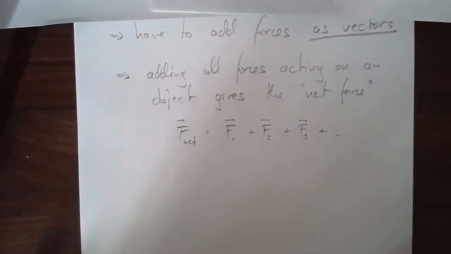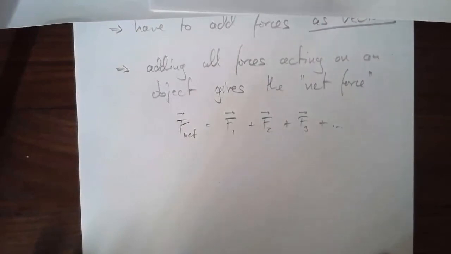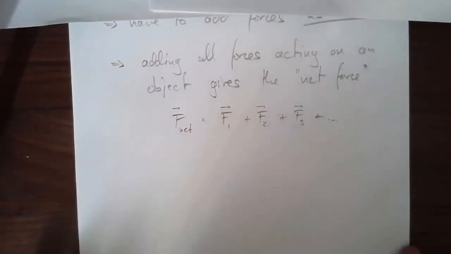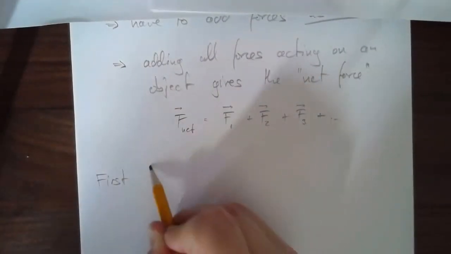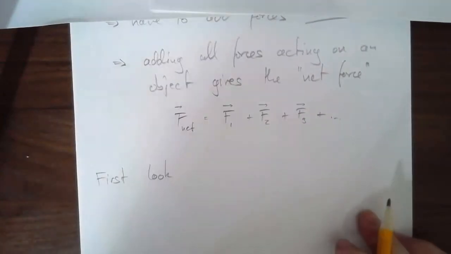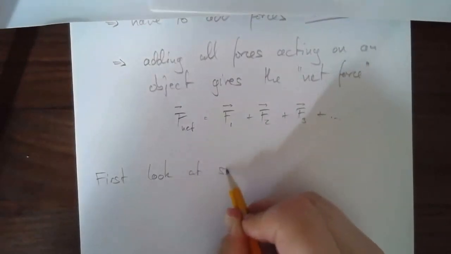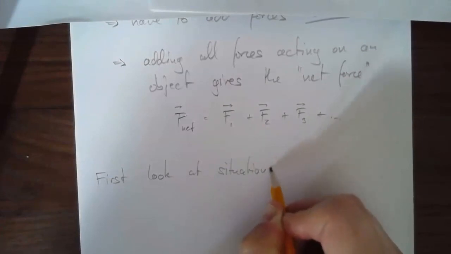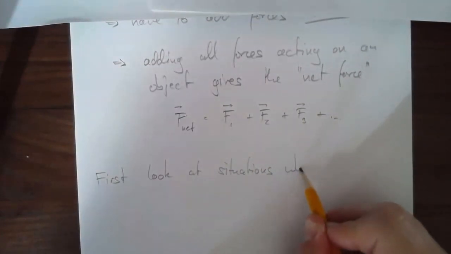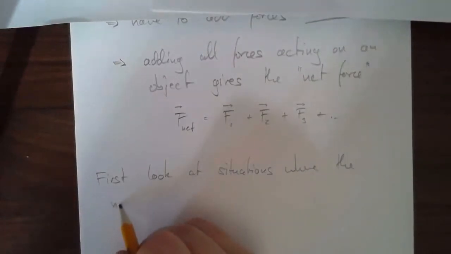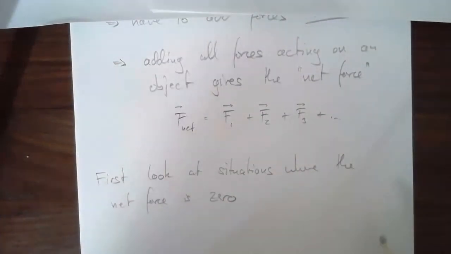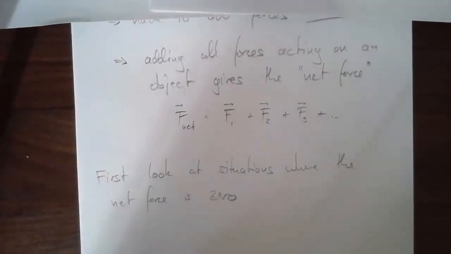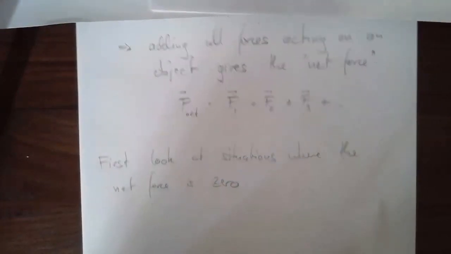What we're going to be starting on next, though, as our first approach to doing calculations with forces, is we're going to look at situations where the net force is 0. We'll do that in the next lecture. That's to say, all the forces acting are cancelling each other out, and so the object does not change the way it moves.